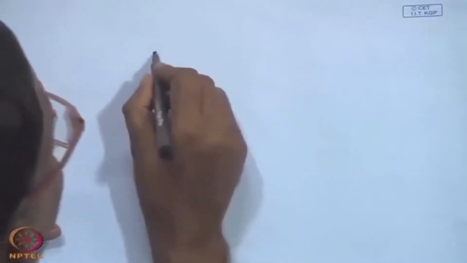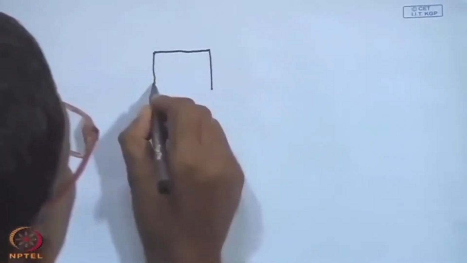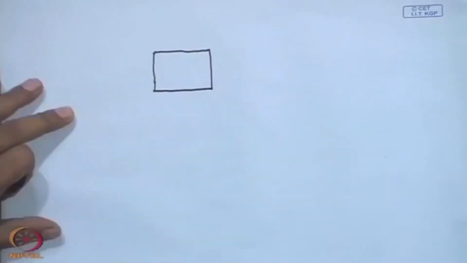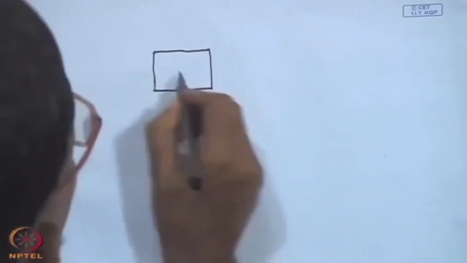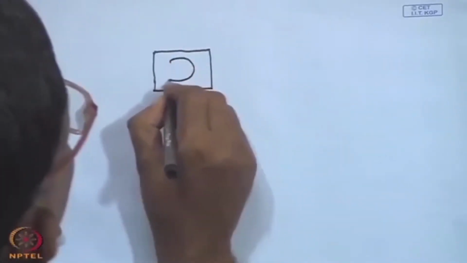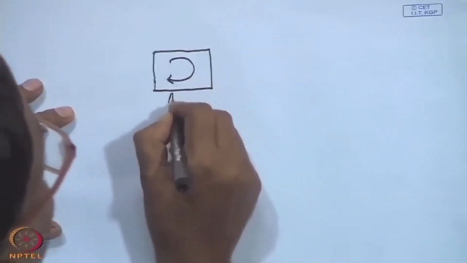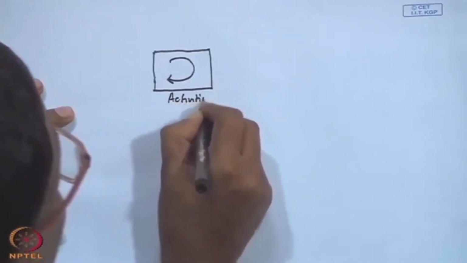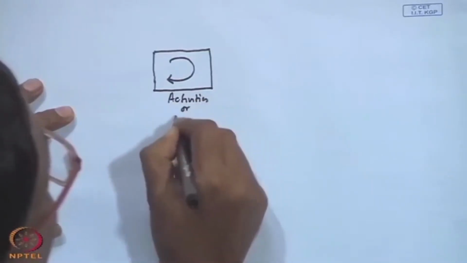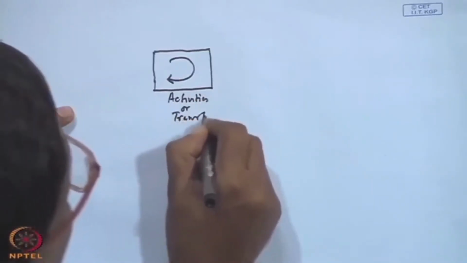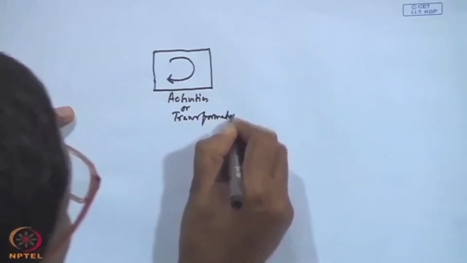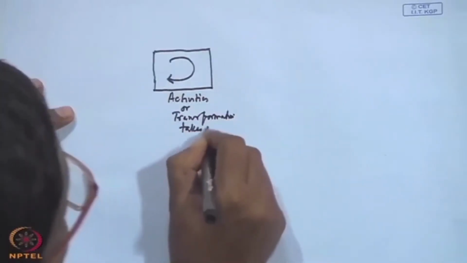A process we can also think in this line. From our purpose point of view, a process is something where transformation or activities take place.